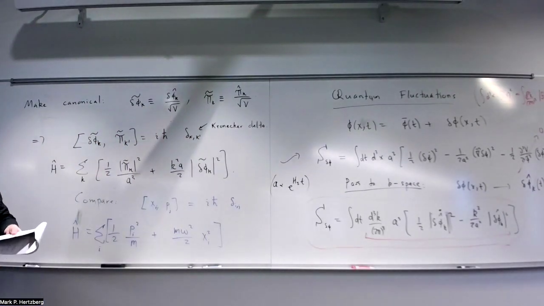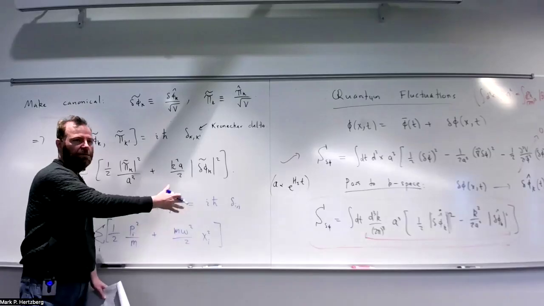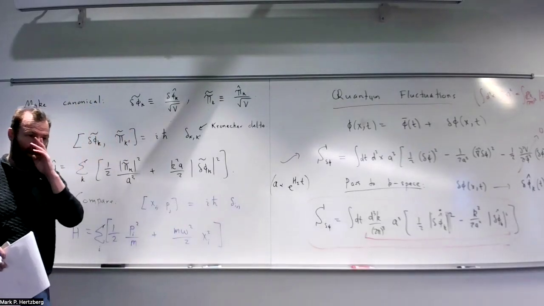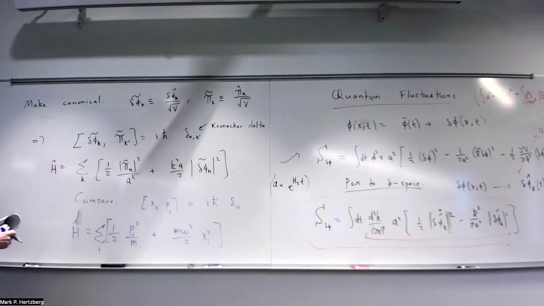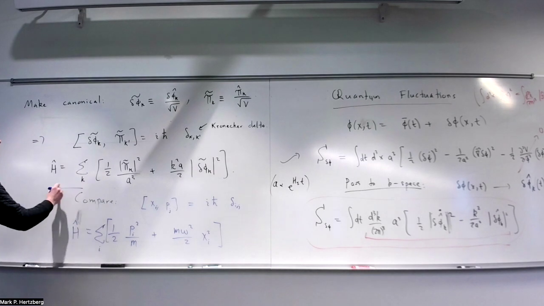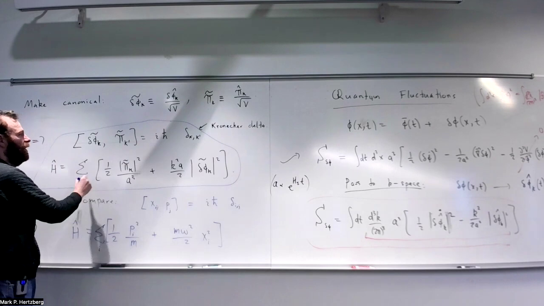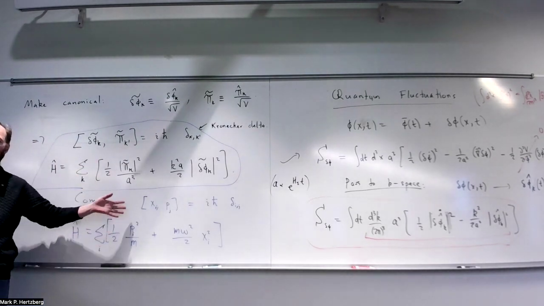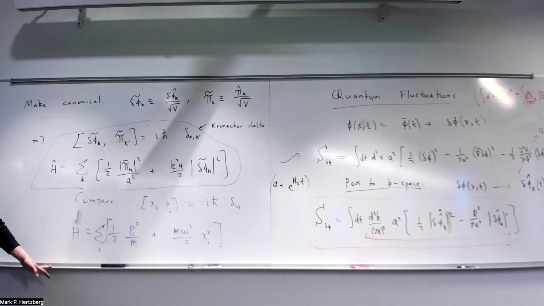Each oscillator is quantized with respect to its partner x and p, and when i is not equal to j, one has nothing to do with the other, so there's no commutation there. So is everyone happy with that? I hope you agree that the Hamiltonian we constructed, along with its commutation relation, is identical to that of a set of harmonic oscillators that we're all hopefully familiar with. Any questions about this?